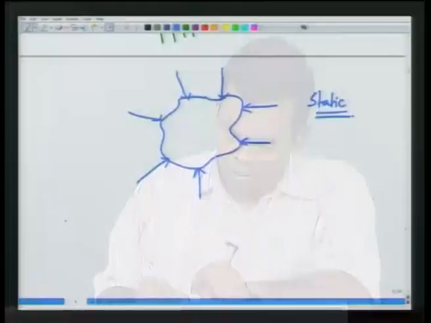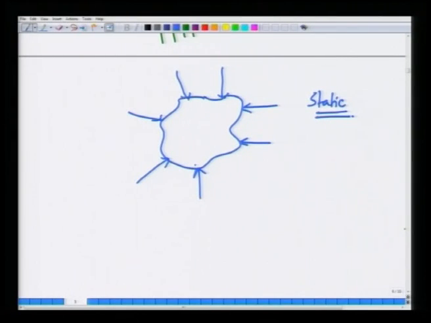Okay. So, in general there can be normal forces. A static fluid can support normal forces.